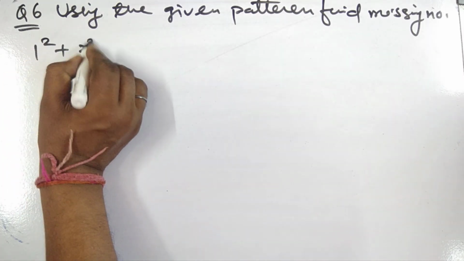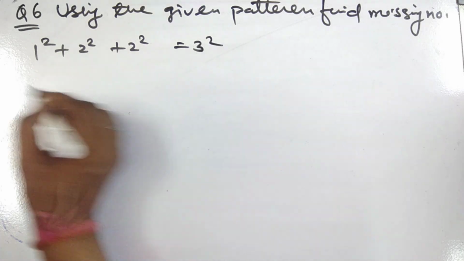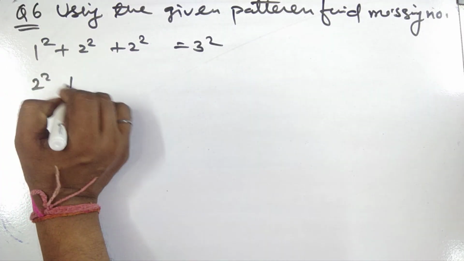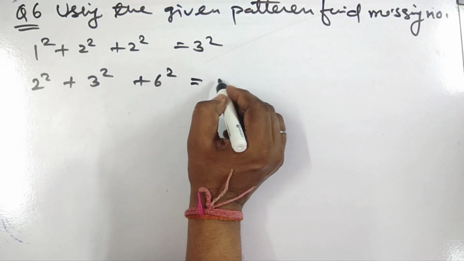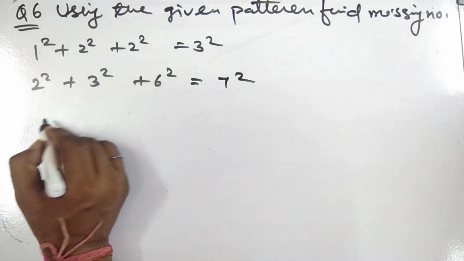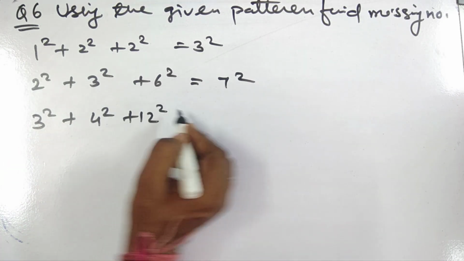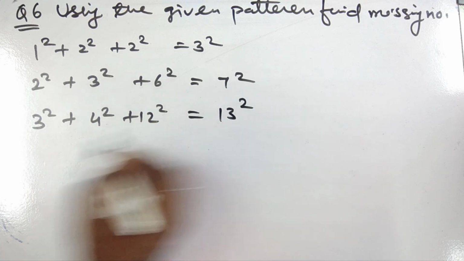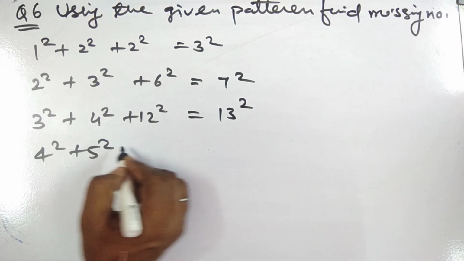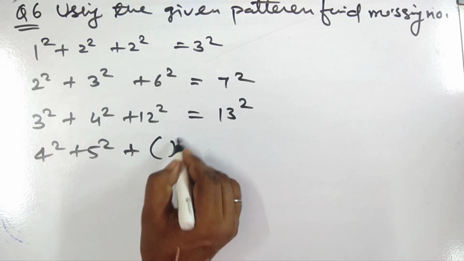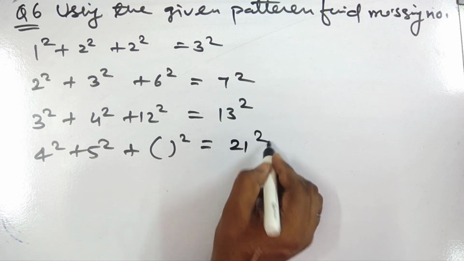Students, the pattern is given. 1 square plus 2 square plus 2 square is equal to 3 square. 2 square plus 3 square plus 6 square is equal to 7 square. 3 square plus 4 square plus 12 square is equal to 13 square. Next, 4 square plus 5 square plus blank is equal to 21 square.